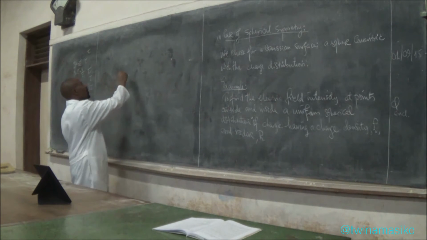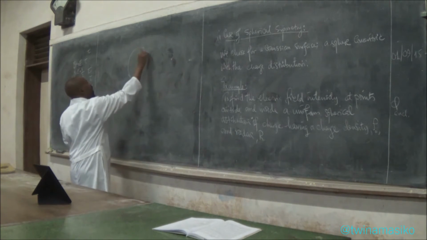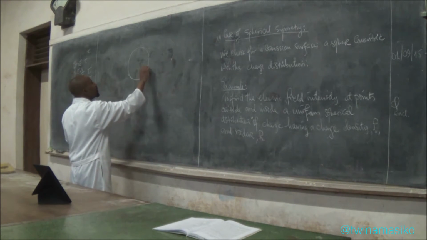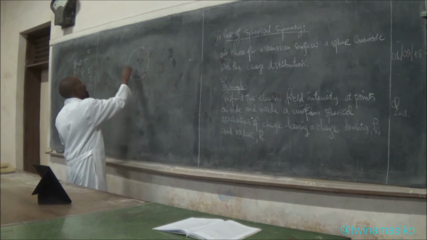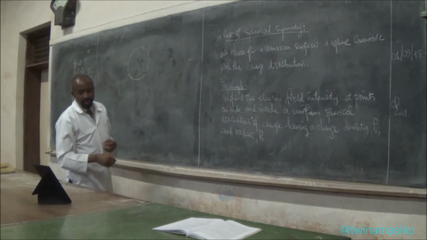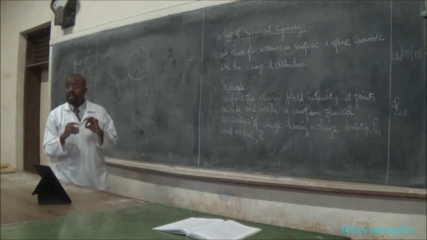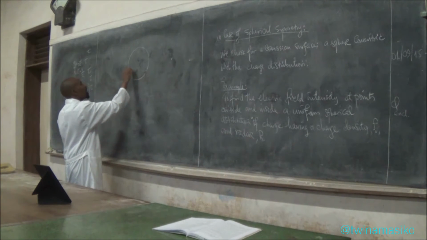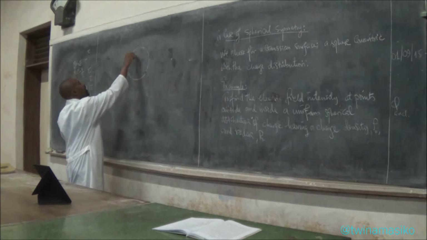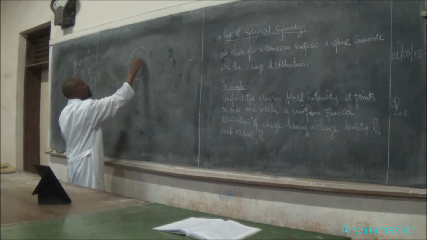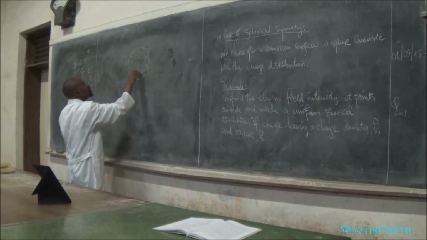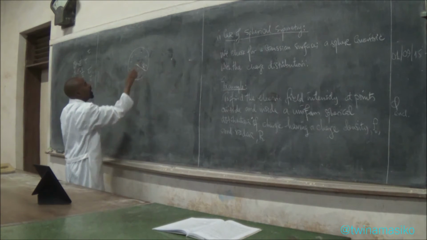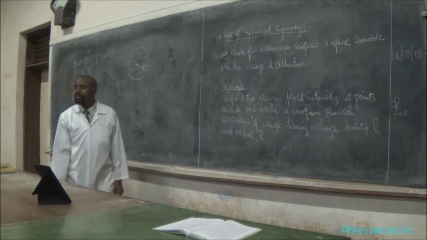So our sphere is here. I'm not good at drawing this freehand, and I don't have a compass. So I am having charges inside here, and this is a sphere having radius r.